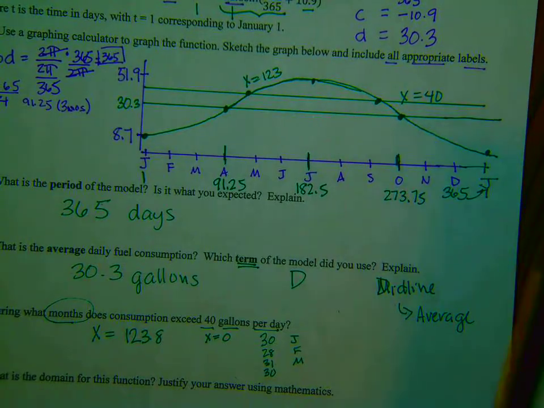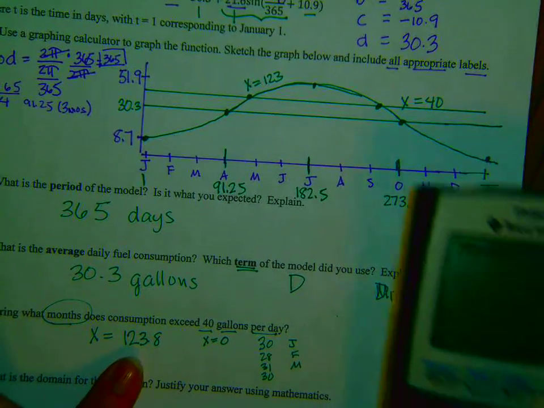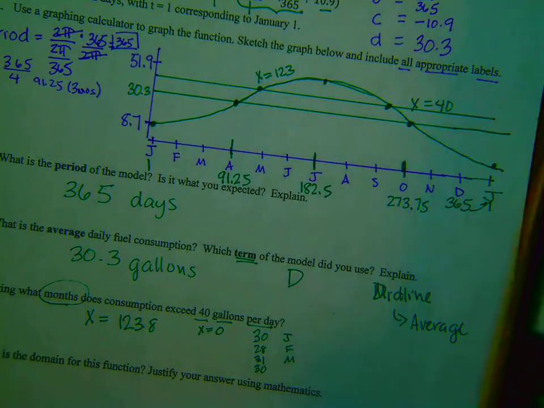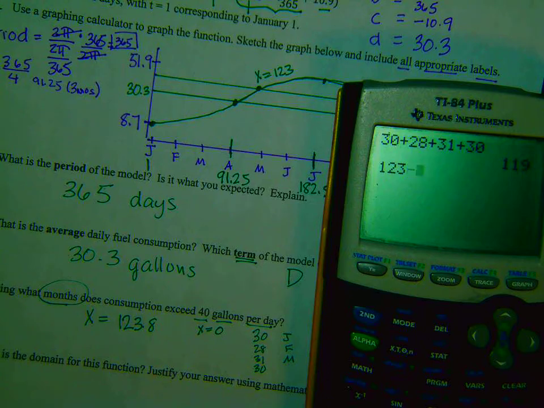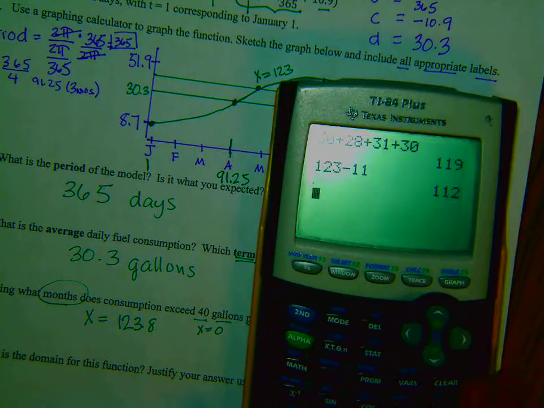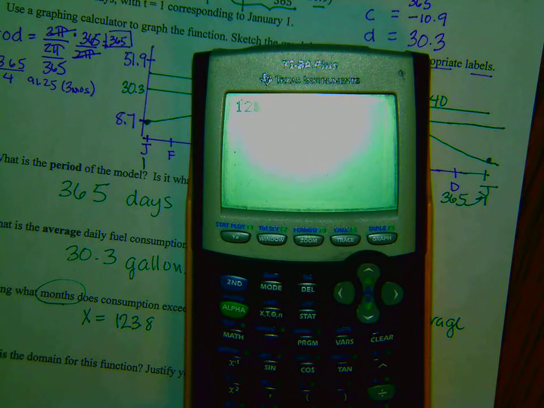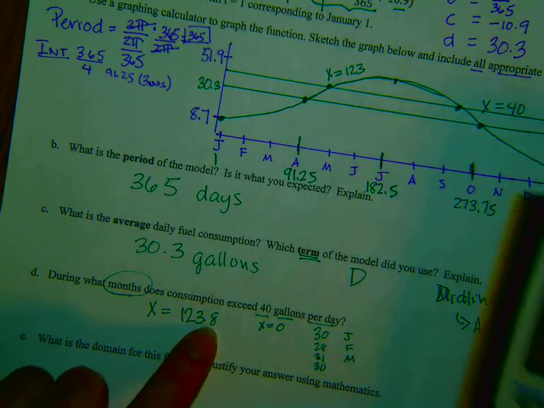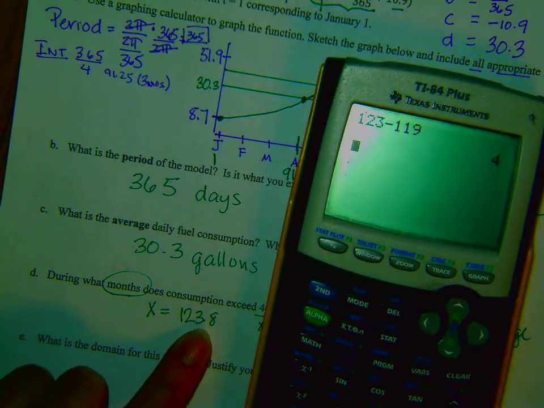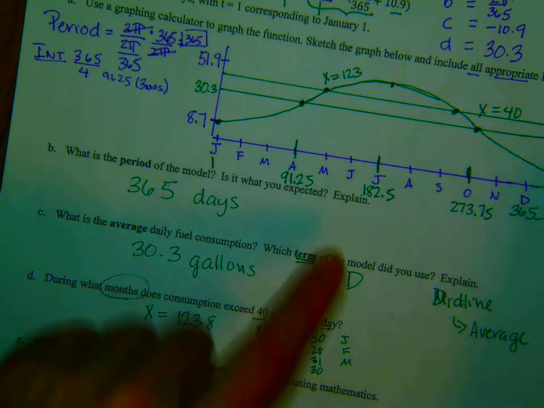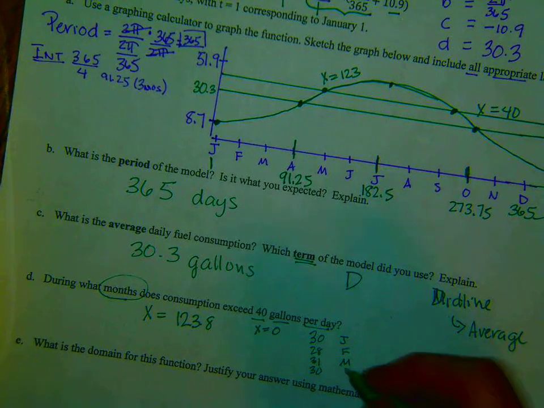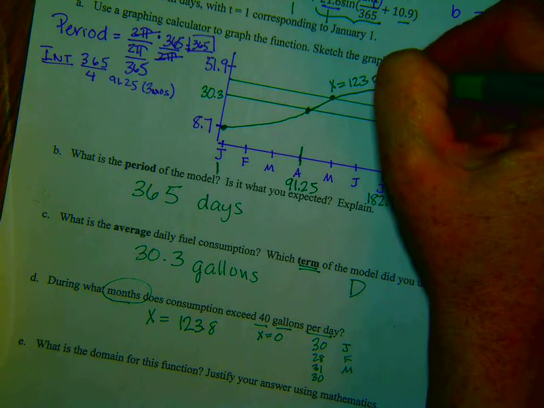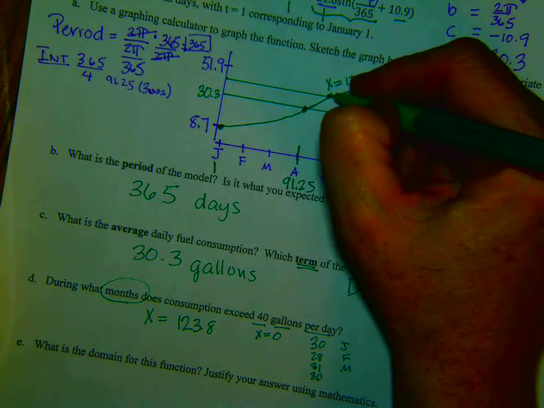So I want to know, I'm at 123 days, so 123 minus 119. Sorry, I made that math error. 123.8 minus 119 tells me I am actually in May, at the very beginning of May. So this is approximately the beginning of May.